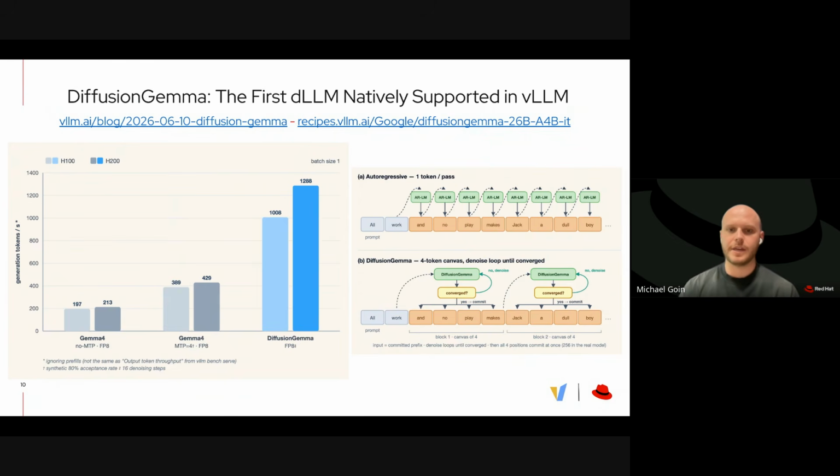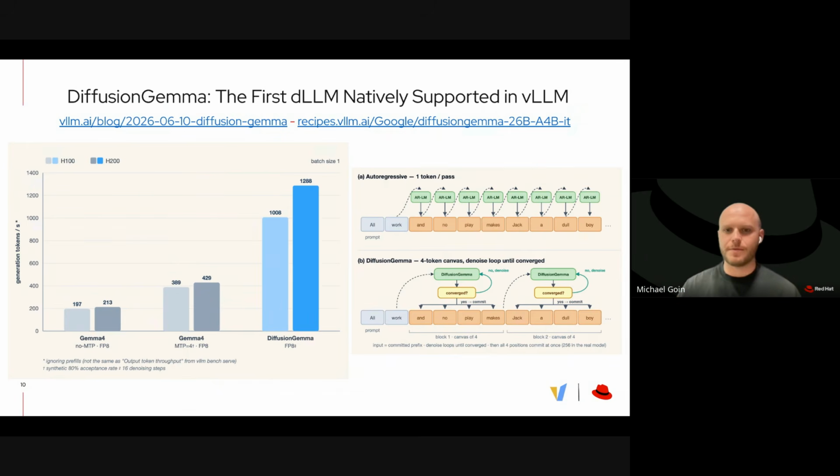This is leveraging the in progress infrastructure with Model Runner v2. We found it to be really elegant to implement this model in Model Runner v2 rather than in the v1 engine, which definitely gives some validation that it's a better abstraction and better structure than what we had previously. And really, the performance just speaks for itself.